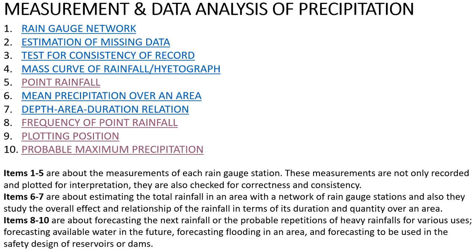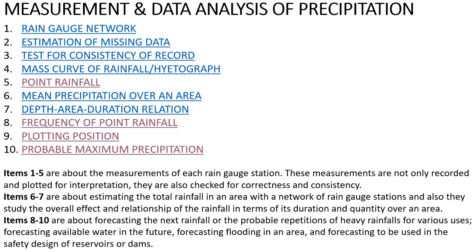Number 3, test for consistency of record. Rain gauges per station, ayun nga, they should be always precise, accurate, and consistent para maging tama lagi yung nare-read. Kasi importante yung mga data nire-record nila.